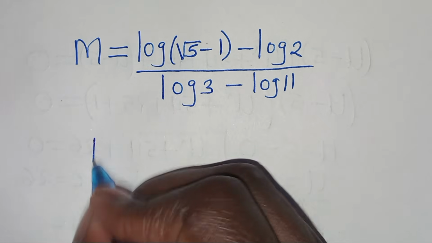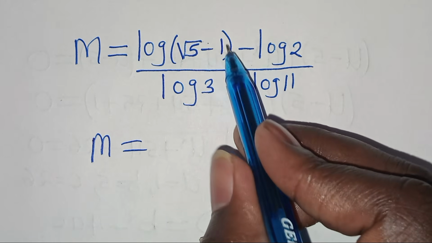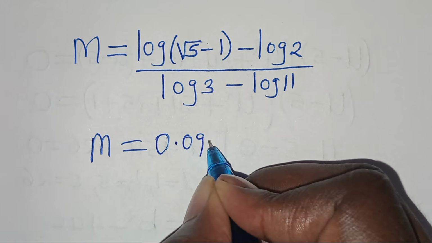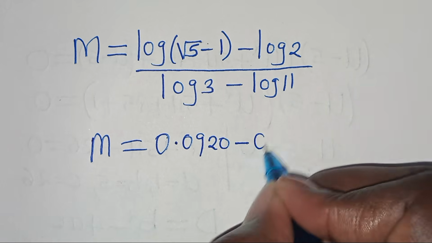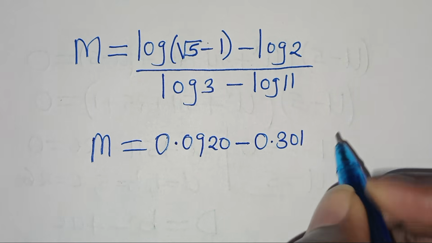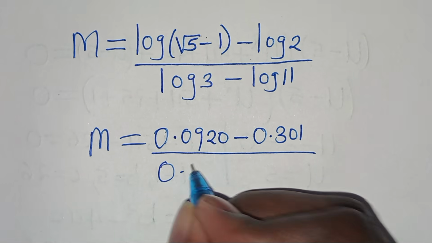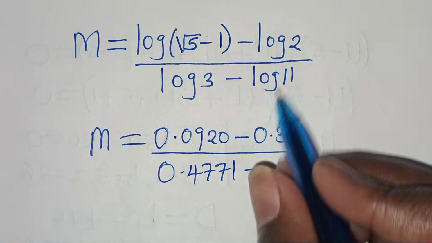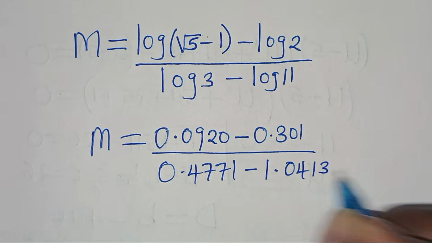Now we have m is equal to log square root of 5 minus 1. This is the same thing as negative 0.091, minus log 2, which is 0.301, then divided by log 3, which is 0.4771, subtract log 11, which is 1.0413.